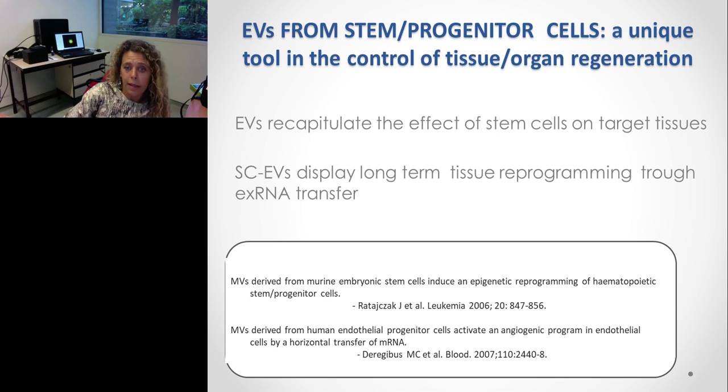So mesenchymal cells are derived from different origins. Bone marrow was mainly the first, and then adipose tissue has a great interest, synovium, umbilical cord, and many others. And they have a combined activity on immune regulation and possible multilineage differentiation.